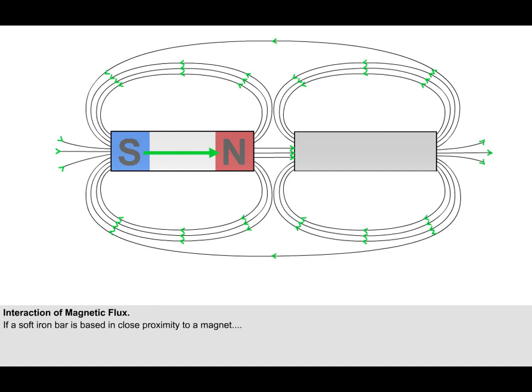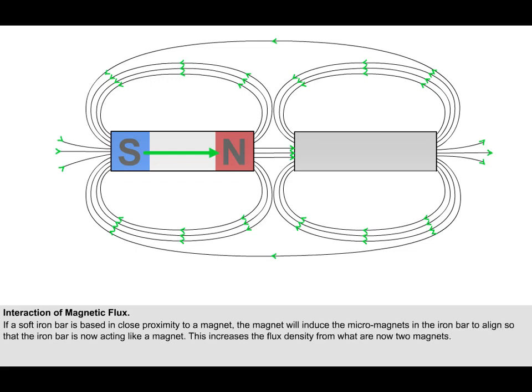If we trace out the lines of flux, we will see that not only are there lines coming from the magnet, but there are also lines coming from the iron bar. This shows that the permanent magnet has induced the micromagnets in the iron bar to align, so that the iron bar is now acting like a magnet. This increases the flux density from what are now two magnets.